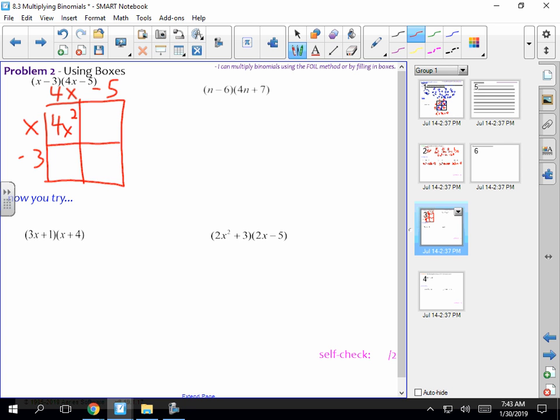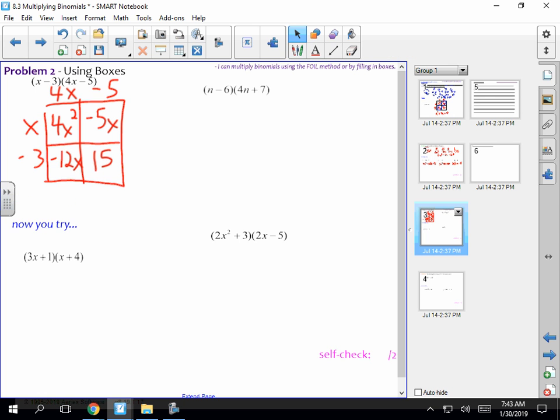The x and the negative 5 is negative 5x. 4x and negative 3 is negative 12x. Negative 5 and negative 3 is 15. And then combine the like terms together. So my final answer is going to be 4x squared minus 17x plus 15.